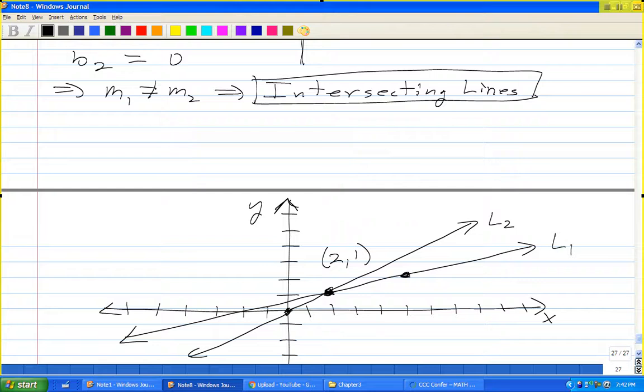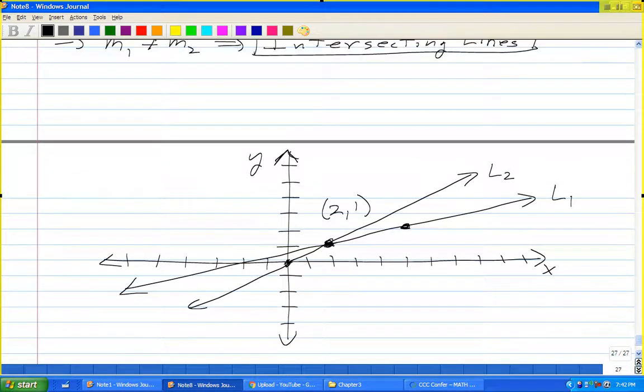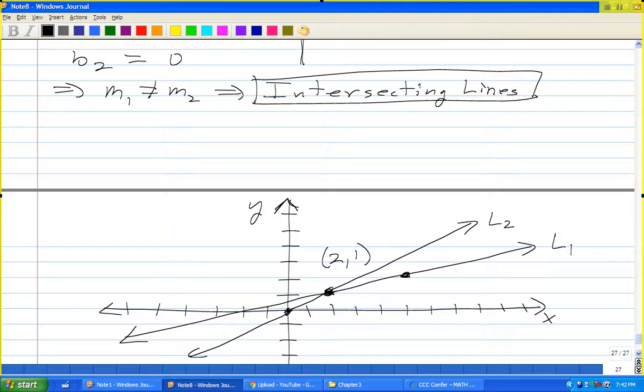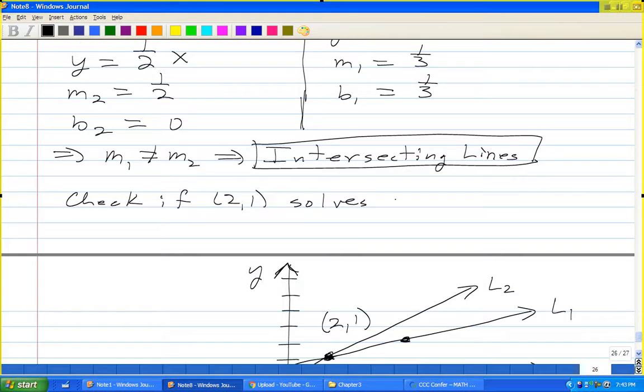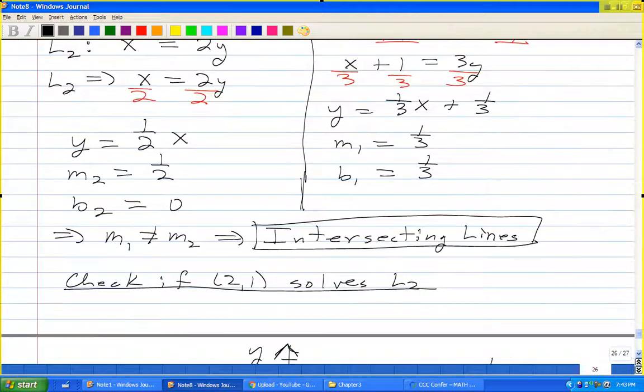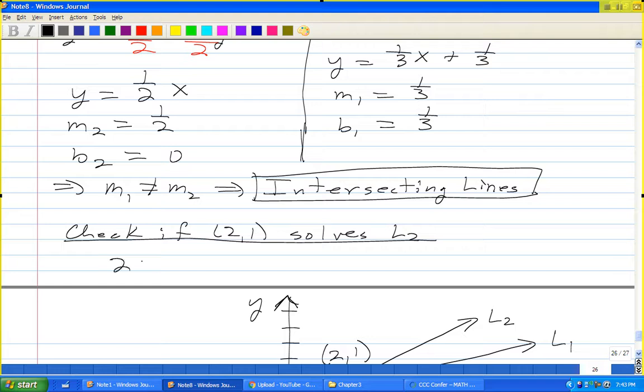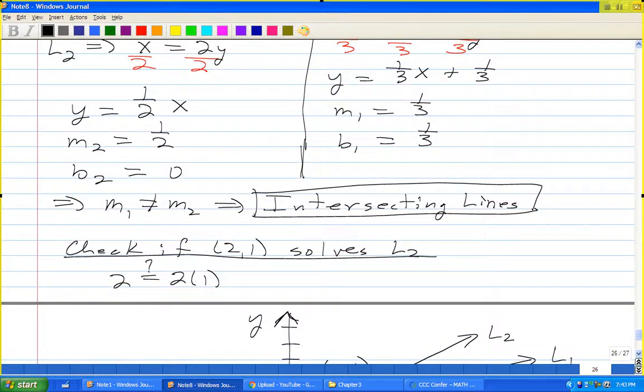Let's check. Maybe I'll do part of the check here. Check if (2, 1) solves, let's say L2, because I can do that here. Is x equal to 2 times y? Well, yes, 2 is equal to 2 times 1.